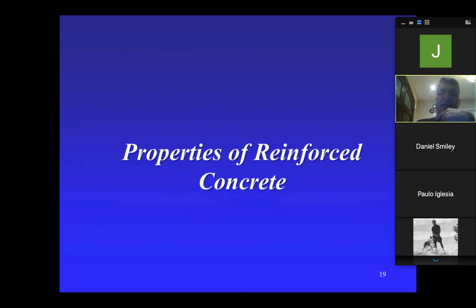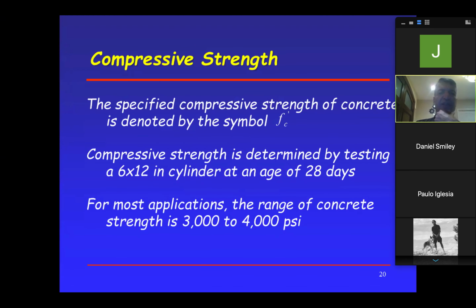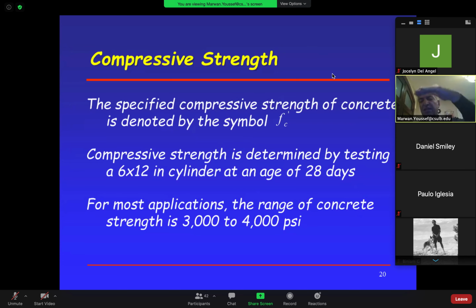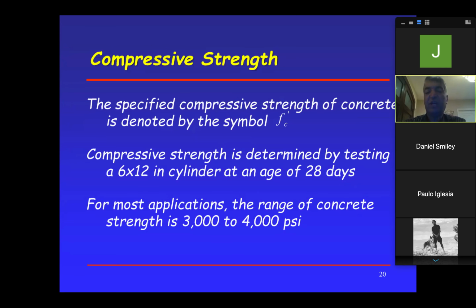So what are the properties of reinforced concrete? Compressive strength. See that? Again, the compressive strength. Concrete is strong in compression, weak in tension. The compressive strength, we refer to it as right here. This is the first time you saw it, f'c. This is going to be in every problem in this class from now on.